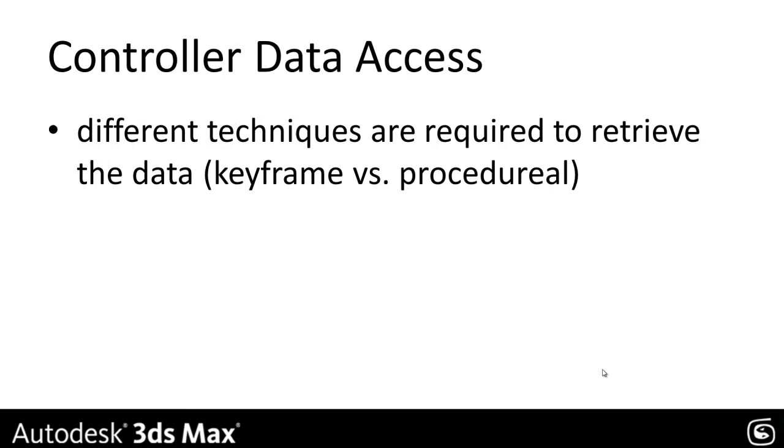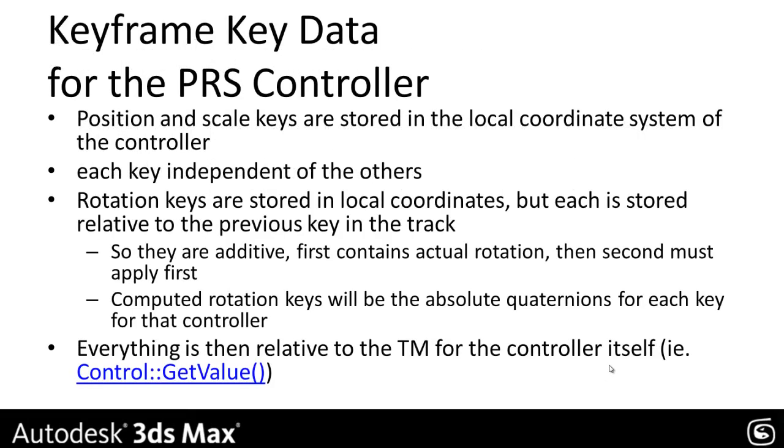So, controller data access. There are different techniques based on the type of controller. If it's a keyframe controller, there's one approach. If it's procedural, there's another approach. So for keyframe, position and scale keys are stored in the local coordinate system of the controller.